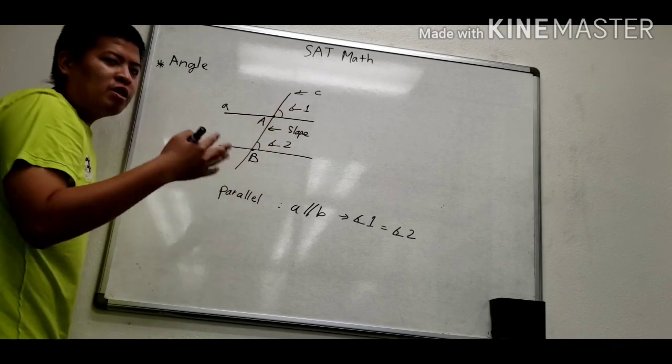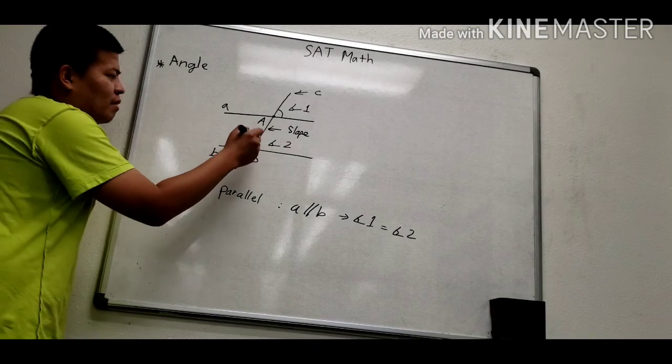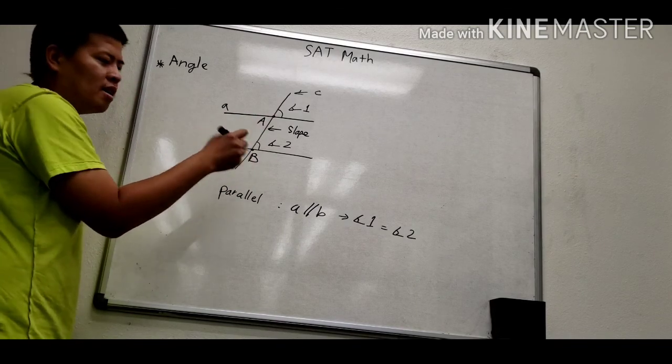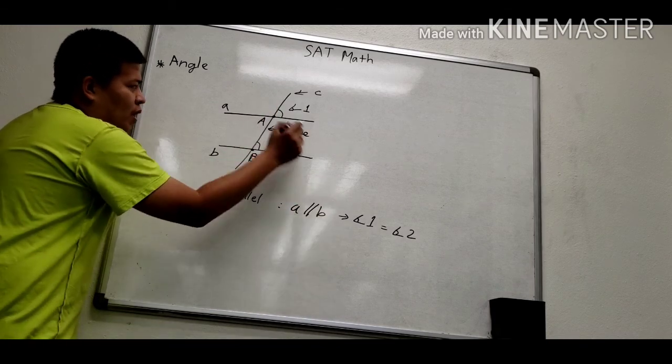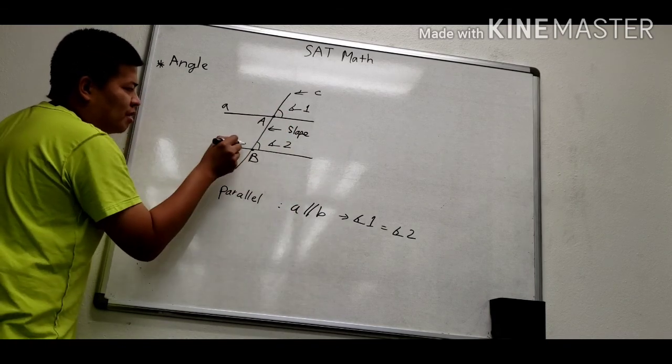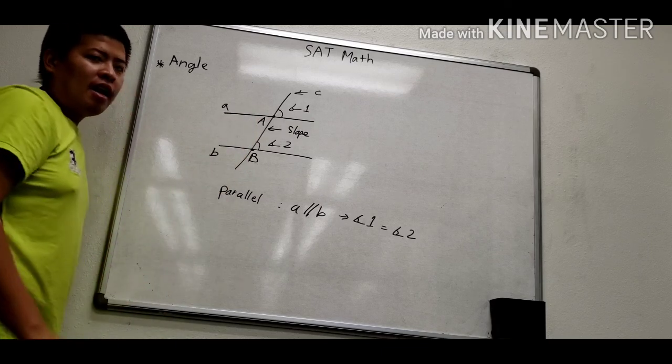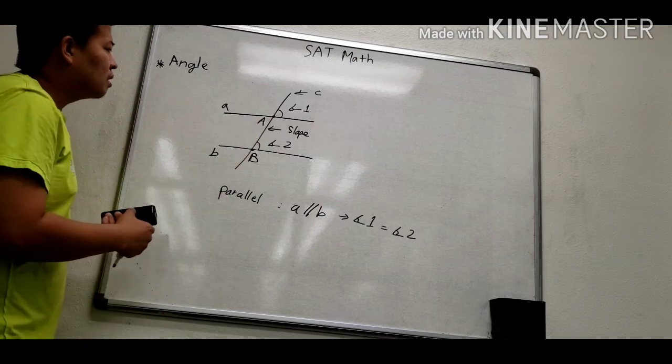If they have the same slope, it means they have the same angle. That's the reason why in parallel lines, angle number 1 and angle number 2 of these intersections have the same result.